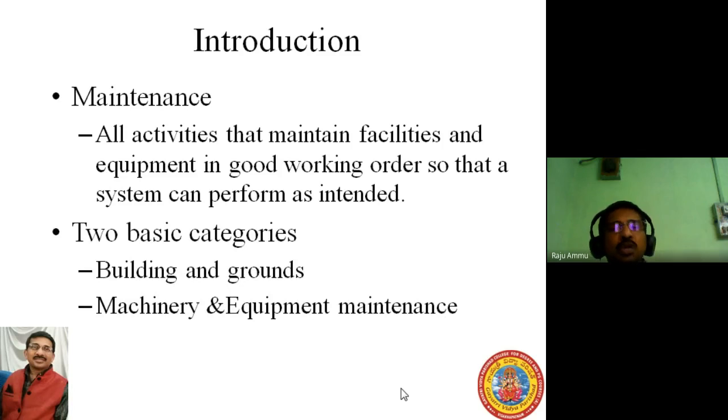So there are two basic categories. The first is buildings and the grounds, the open place available, which has to be maintained. Machinery and equipment maintenance is also required, which supports manufacturing. So do you feel there is a requirement for maintenance management?